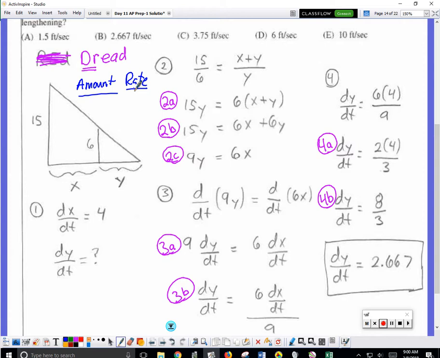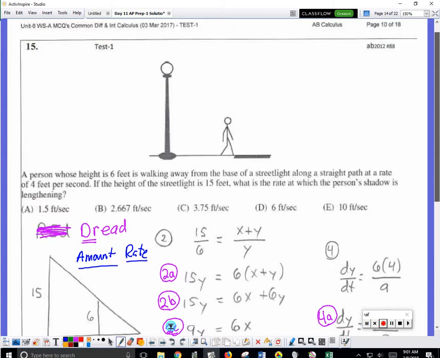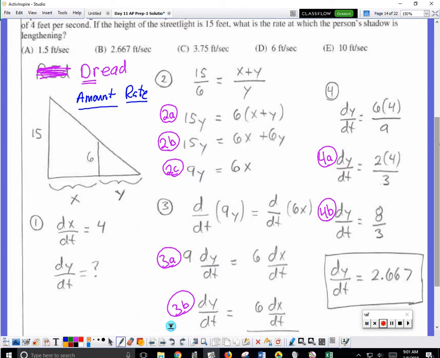As I read the problem, they talk about the rate at which the person walks. That's the same thing as how fast the distance x changes. So the rate I'm writing down is dx/dt, and the corresponding amount is the length x. They want to know how fast the shadow lengthens, that's dy/dt, which corresponds to the length of the shadow, y. So I'm building this Danica's chart with the rates that I read about.